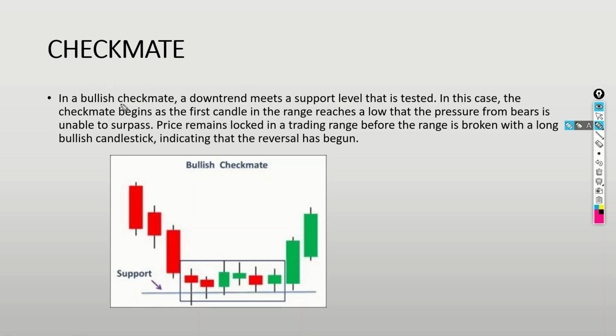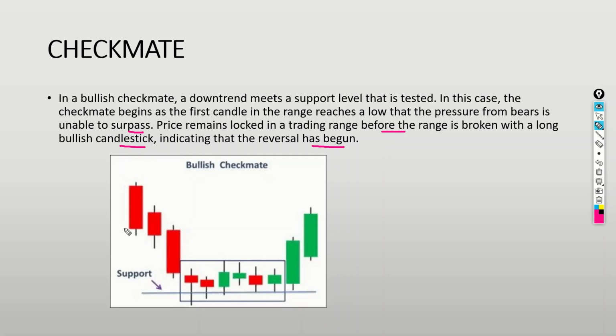So in a bullish checkmate, a downtrend meets a support level that is tested. In this case, the checkmate begins as the first candle in the range reaches a low that the pressure from sellers is unable to break. So price remains locked in a trading range before the range is broken with a long bullish candle, indicating that the reversal has begun.